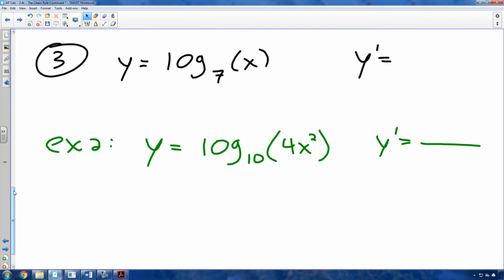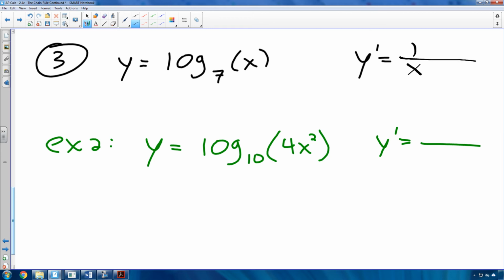But we're going to do this just like we would normally. If it was ln of x, we would write 1 over x. So that's what we're going to write, 1 over x. But there's a trick. Instead of multiplying by ln of the base, which we did up above, we're going to divide by ln of the base, which is 7 in this case. And that's it. That's all you have to remember.